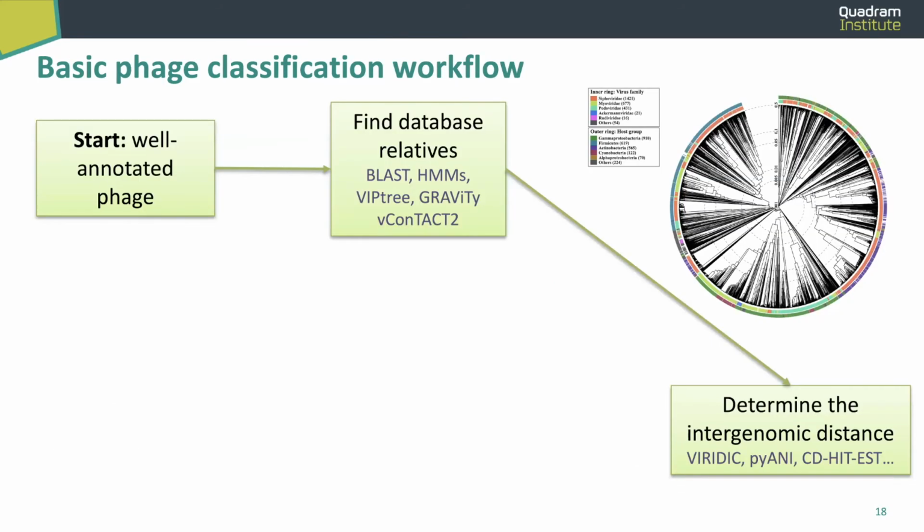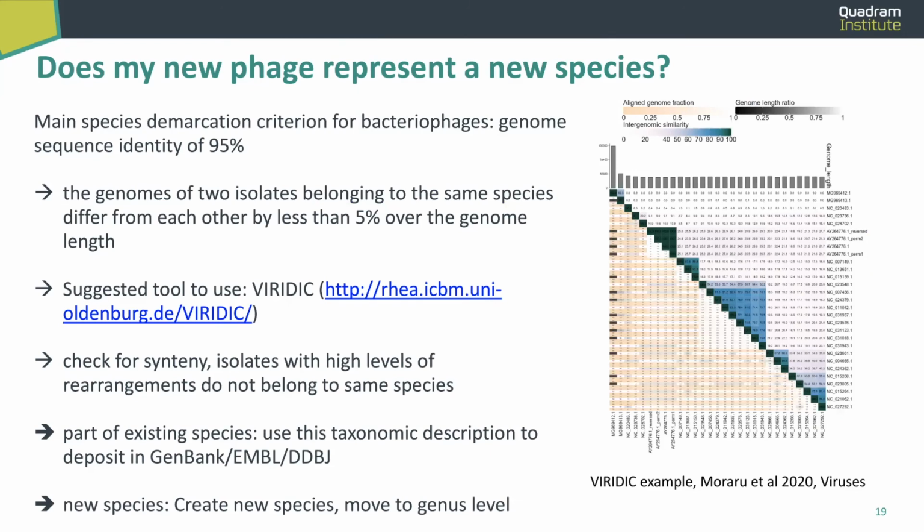So now we've found, hopefully, a group of relatives, and it's time to determine their intergenomic distance. And this can tell us whether your phage represents a new species. We're using VIRIDIC for that.